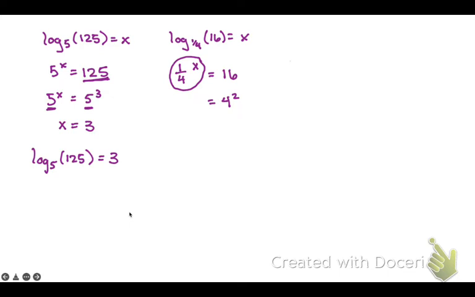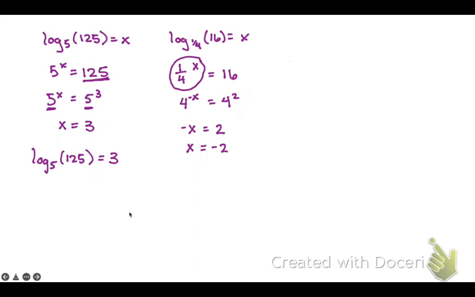Negative. So this would be 4 to the negative x. A negative exponent reciprocates whatever you have. So now negative x equals 2, so x equals negative 2.